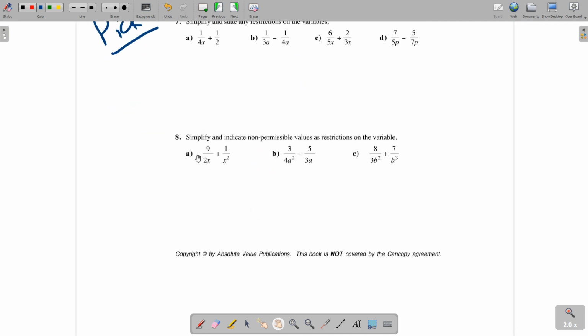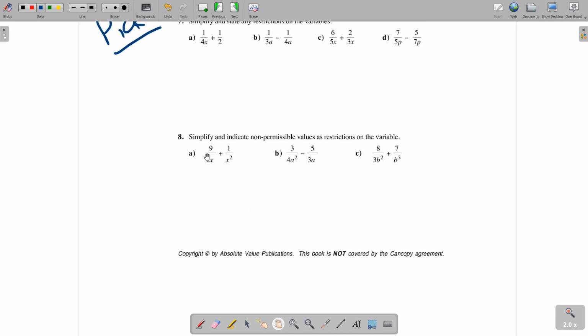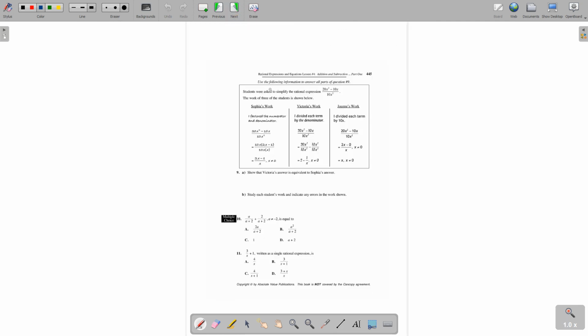Question 8. Different denominators. This was like the last example. There's 3 of them. I suggest you get at least familiar with one of them. Just pick one of those, A, B, or C. There's some students' work. Yes, you should practice checking to see what they did.